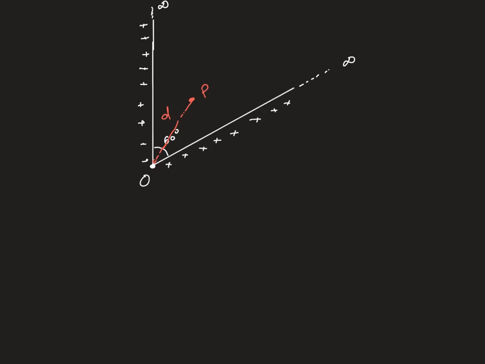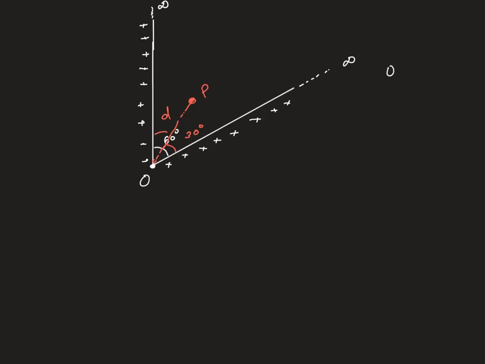And now I want to find out the field at point P here, which is on the angle bisector. Angle bisector means this half angle is 30 degrees and this half angle is 30 degrees and the large angle is 60 degrees. So I want to find out the field at point P, which is on the angle bisector, at a certain distance d from point O. So I'll write this.